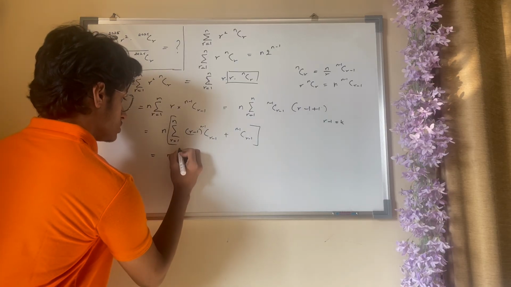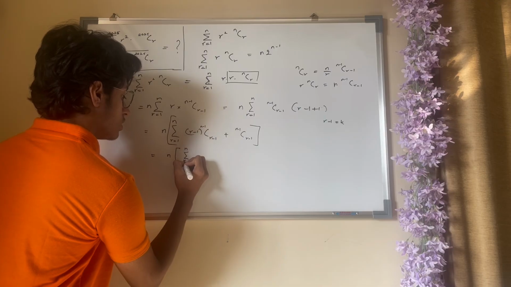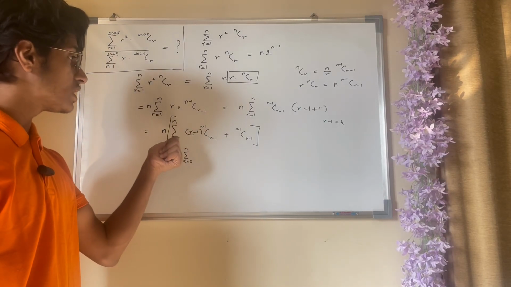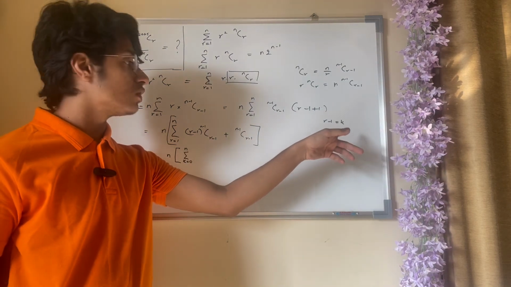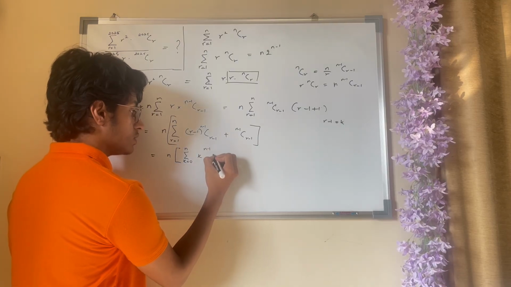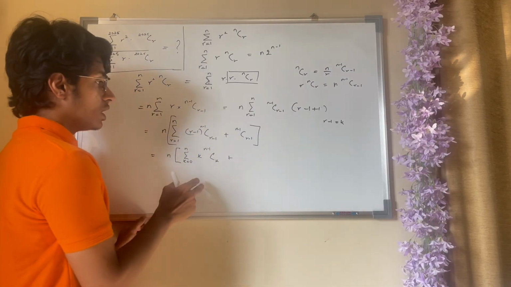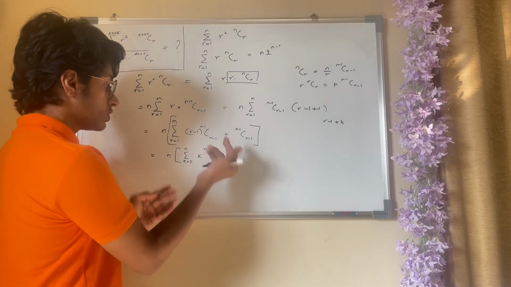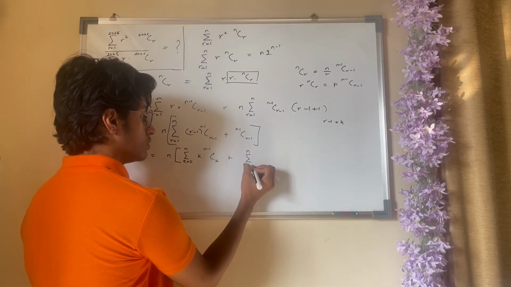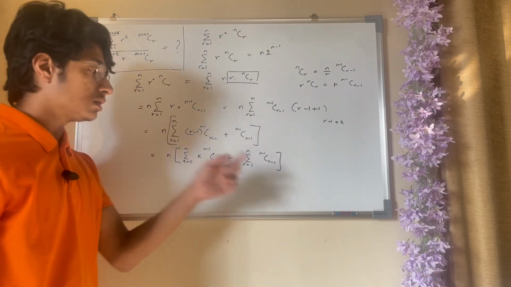Here k would be 0 when we put r as 1, so the initial value of k is 0. This can be written as n times the sum of k into (n minus 1)Ck, plus, separating these two terms, the sum over r equal to 1 to n of (n minus 1)C(r minus 1). I am writing this in terms of r.